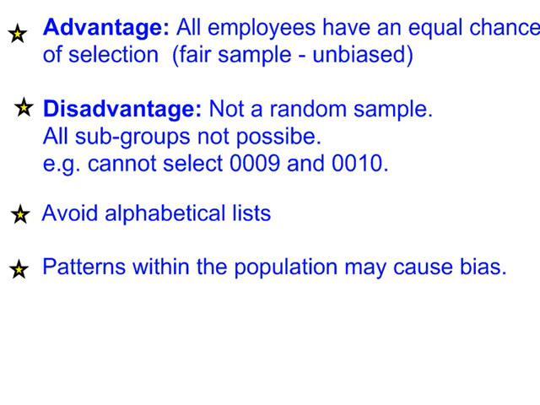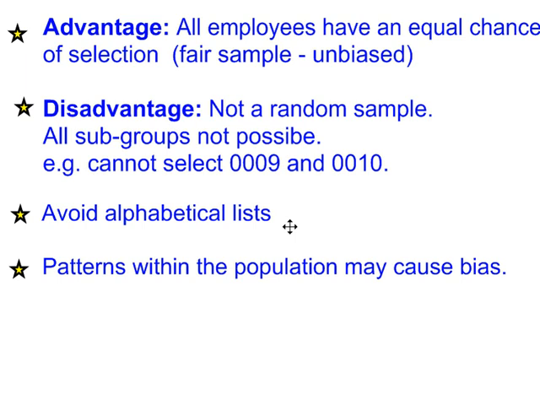It's good to avoid alphabetical lists, because you may find that certain surnames of perhaps ethnic minorities are grouped together, and because you're taking jumps of 20 through the population, you may miss them altogether. And you may run into problems in situations where you have patterns within the population that can cause bias.